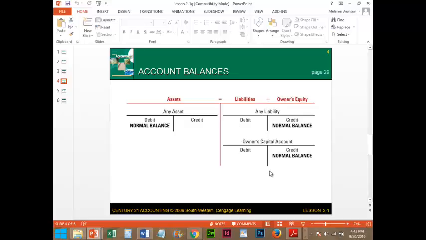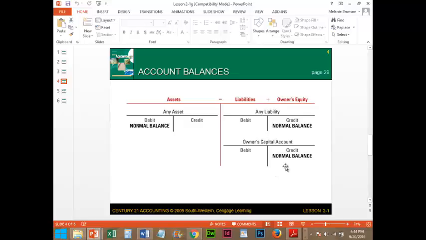Next, we have our owner's capital account. And remember, the capital account is our equity that our owner owns in the business. So any investments or sales, anything that the owner actually owns in the business is our capital account. Capital accounts increase with credits, decrease with debits.